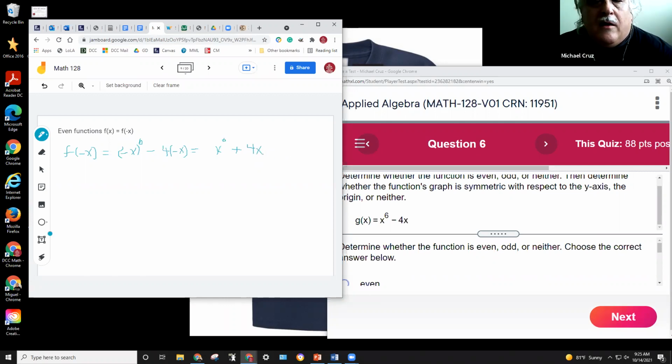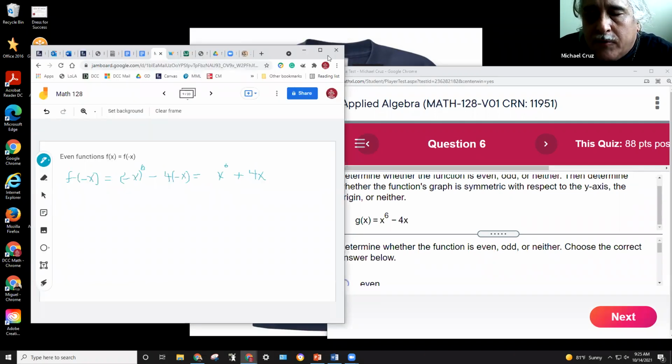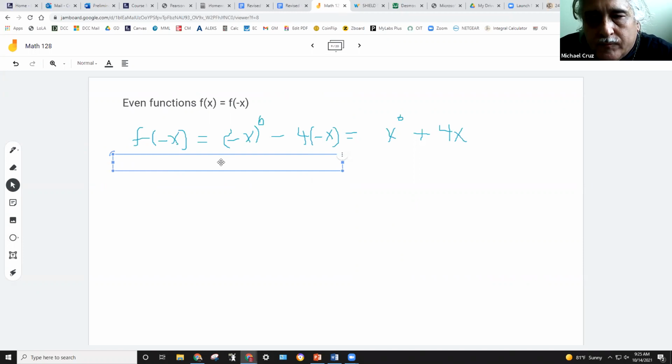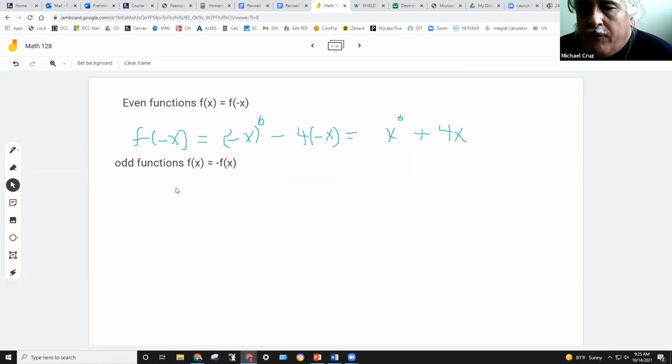Now, let me write one more little thing, and then I'll explain to you something. If this is true, then we got an odd function.